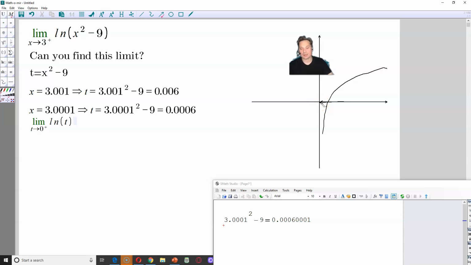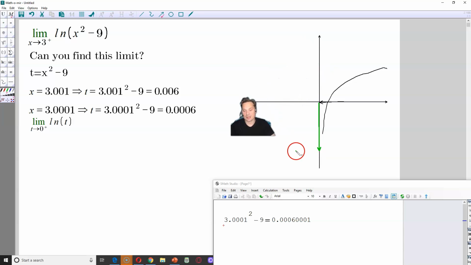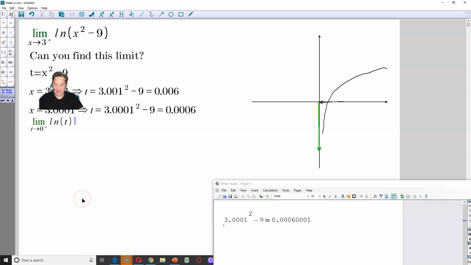That's this way. The result, and I'm going to emphasize that graphically, is that the outputs go down towards negative infinity, which is what the green arrow indicates. So over here, the output will be negative infinity. That's the value of the limit.